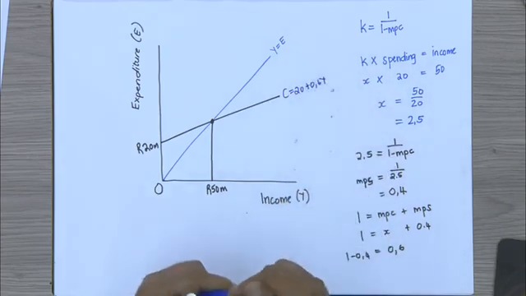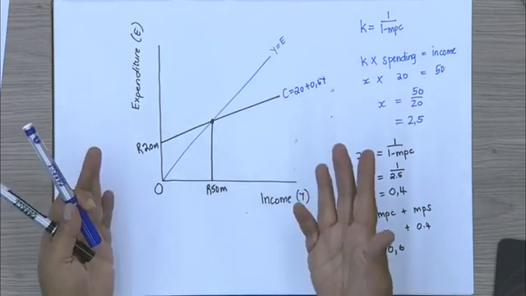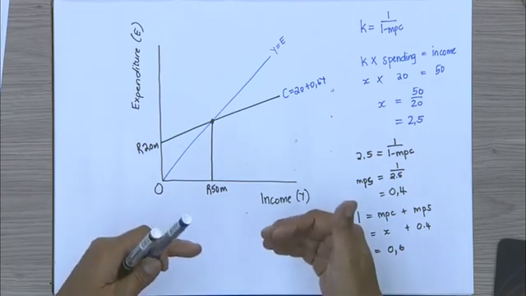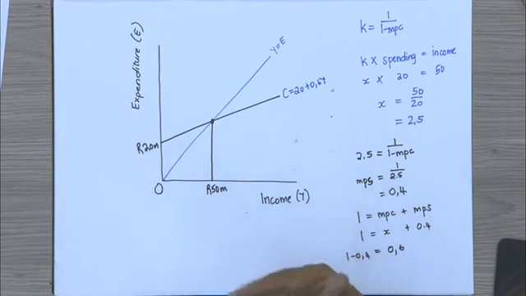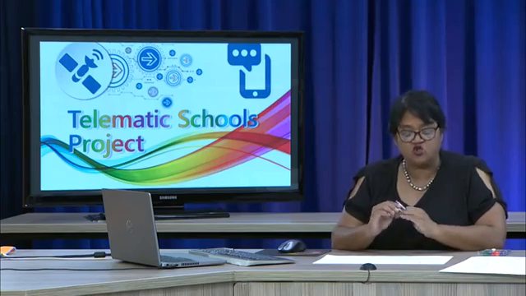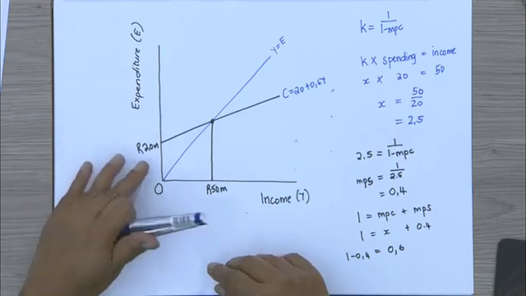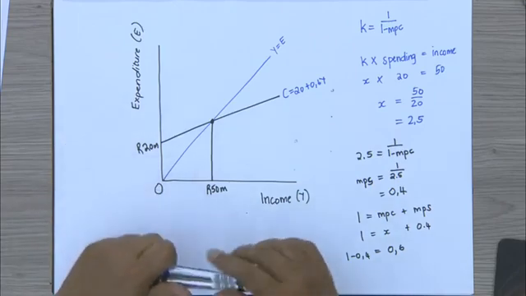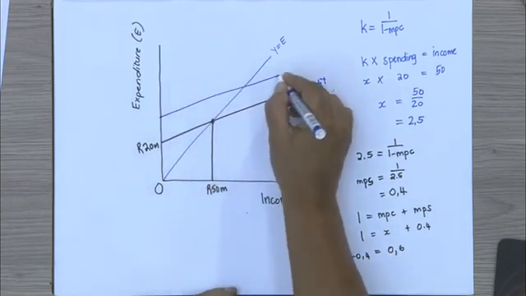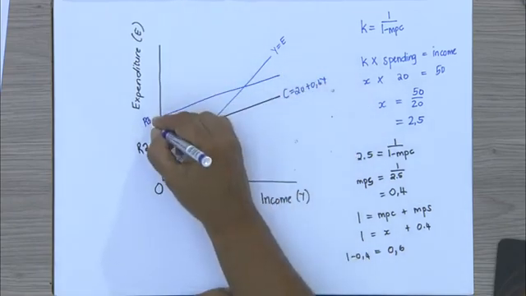Now they say to you, draw the new consumption function if the business increases its spending to 30 million rand. Now, there you must be careful. The question says it increases it to, not by. Okay? So if it's to 30 million, it means originally they were at 20 million, and now they are moving that 20 million to a 30 million investment.